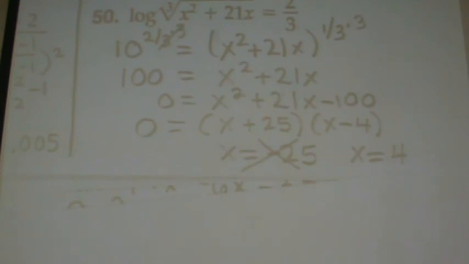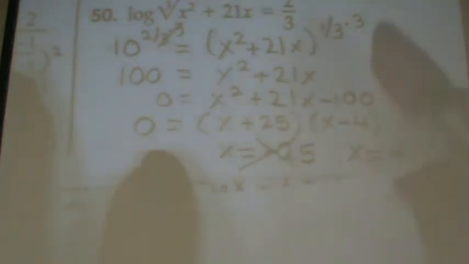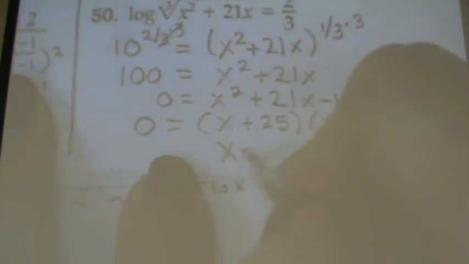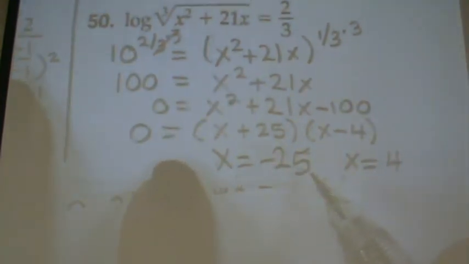Oh, actually, you know what? I take that back. Negative 25 does work, my mistake. Now this is a good problem to talk about for a second. When you square that, it's going to turn positive.